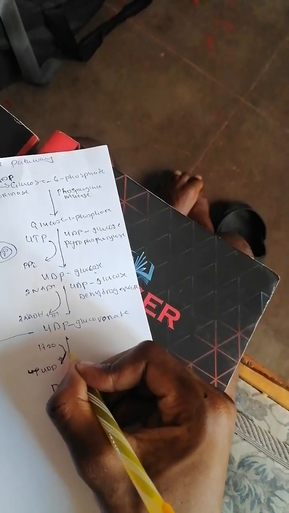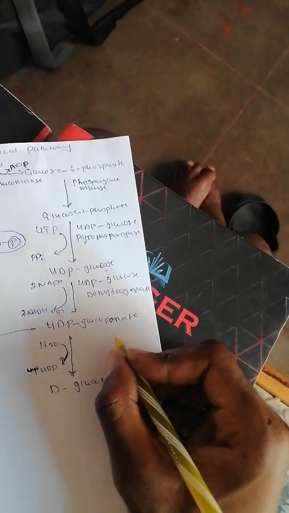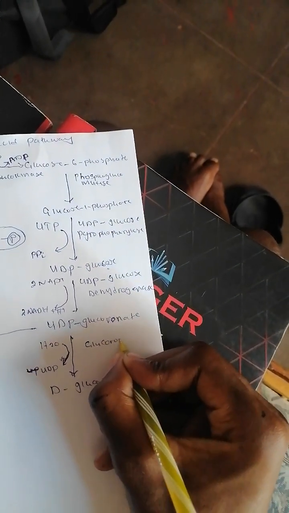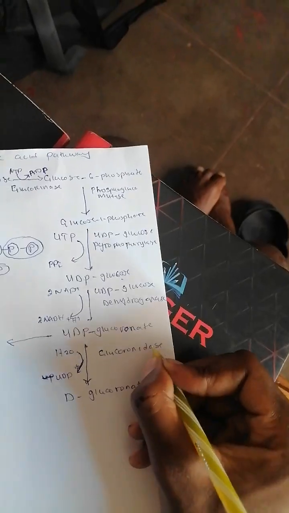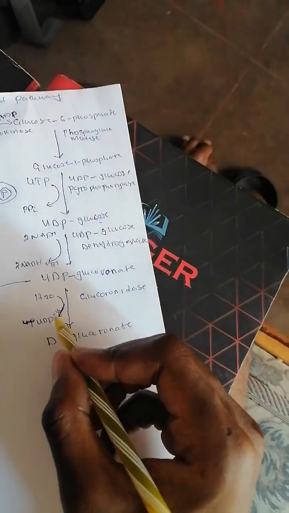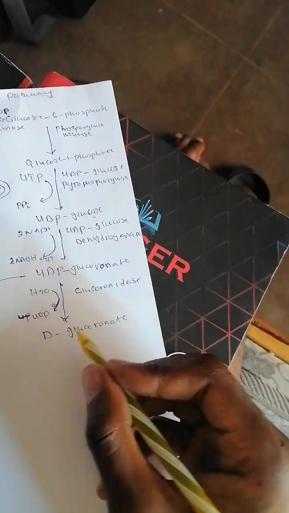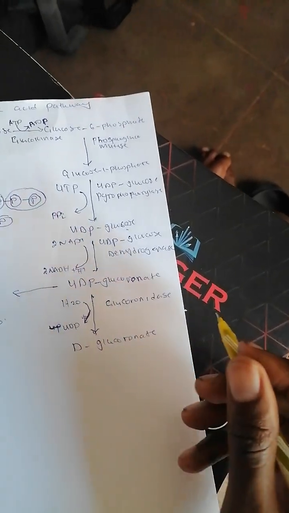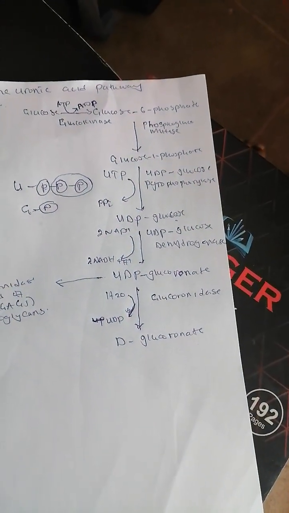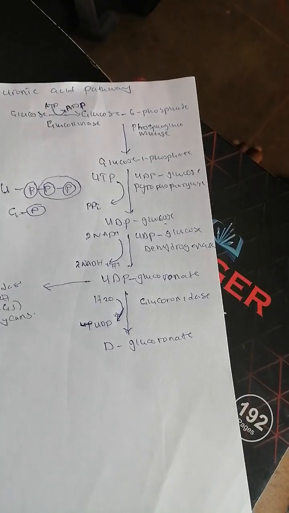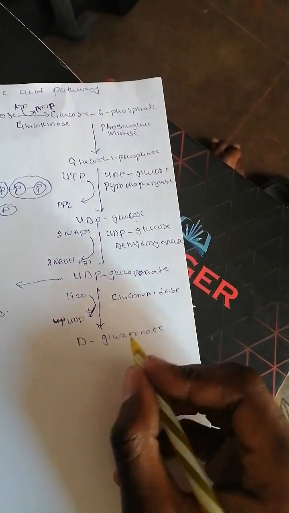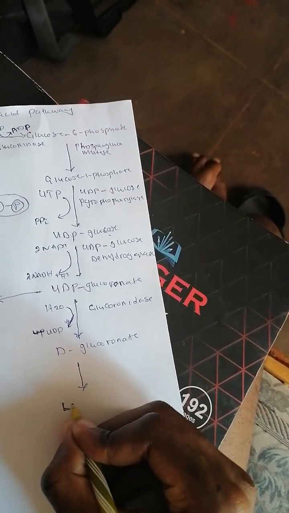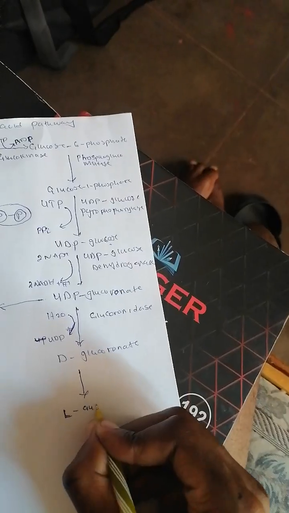Which enzyme is doing this? Glucuronidase is the one cleaving one UDP out of this molecule, UDP glucuronate. Then what follows next is that the D-glucuronate becomes converted to L-gulonate.